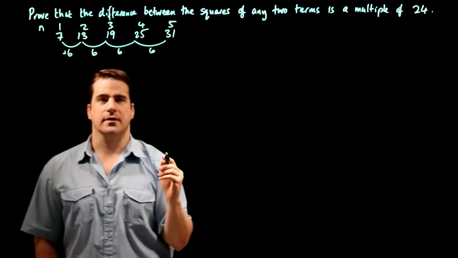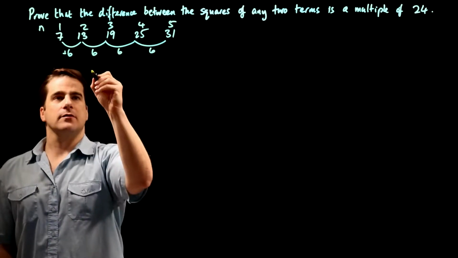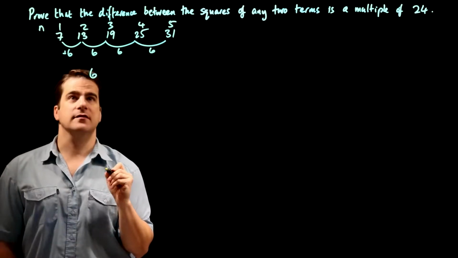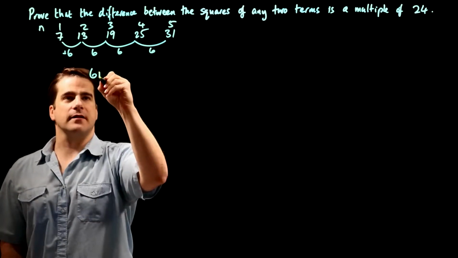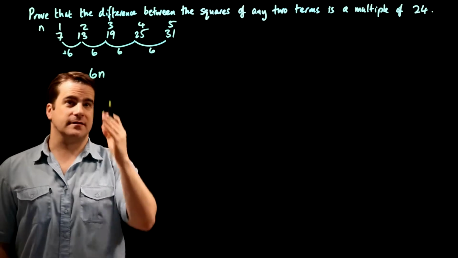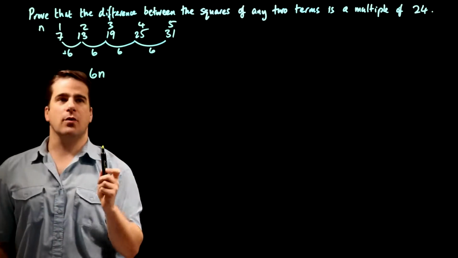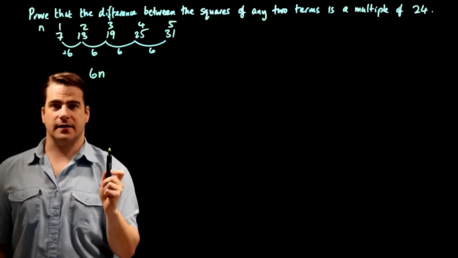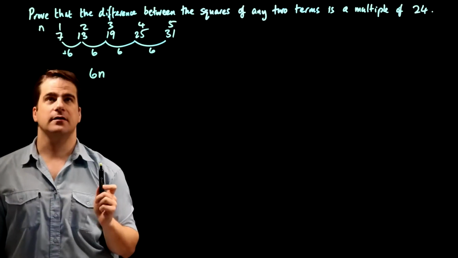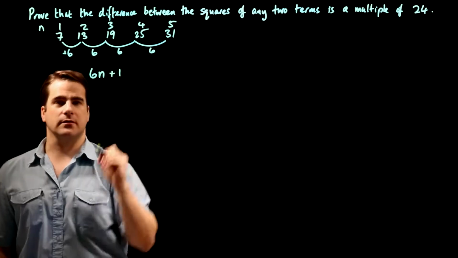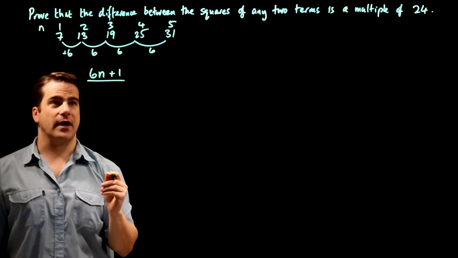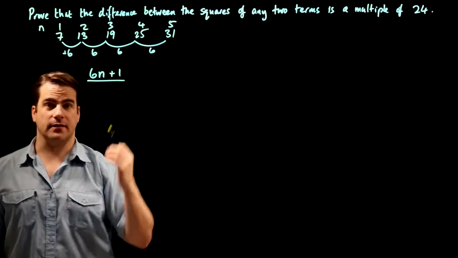So you write down the common difference, which is 6, then write down n after it, 6 times n. Now, when n is 1, 6 times n is 6, but we want 7, so we have to add 1. And that's it. We've now got the formula for the nth term.